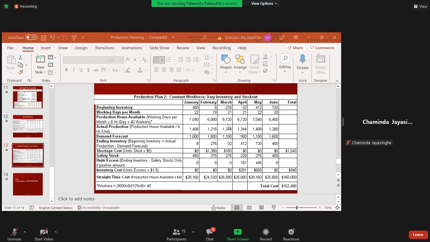So this March column is correct. And then we begin April with minus 32, carrying a back order of minus 32. Working days in the month is 21. The production hours available is 21 multiplied by 8 multiplied by 40, then 6,720.